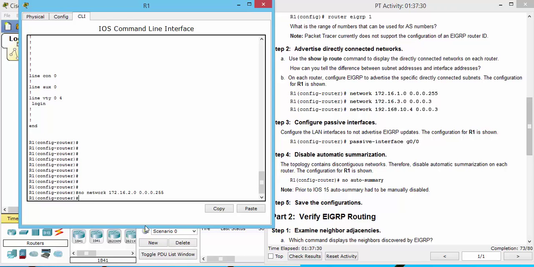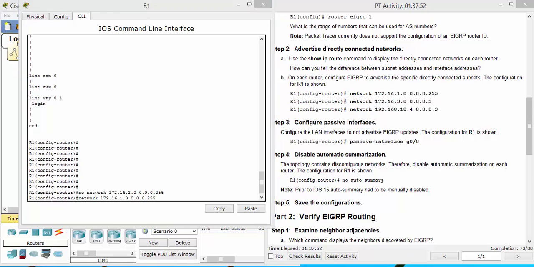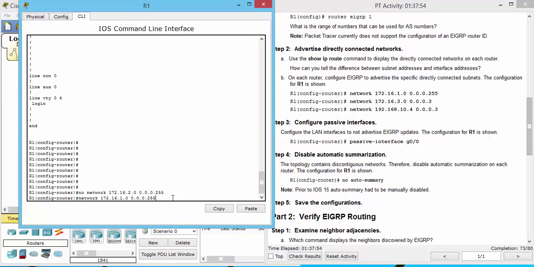And then we type network 172.16.1.0 0.0.0.255. We hit enter.